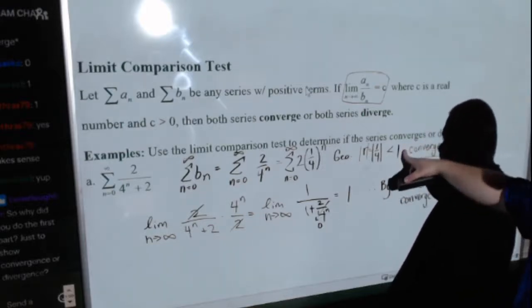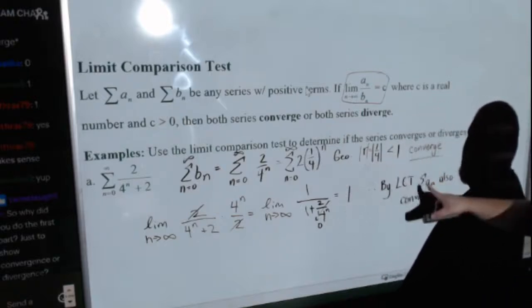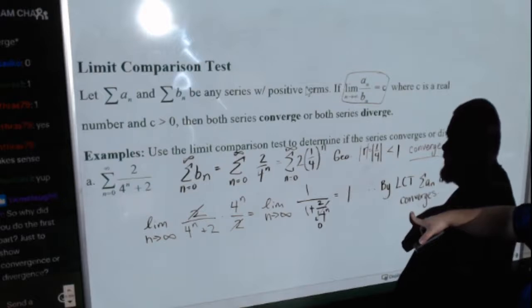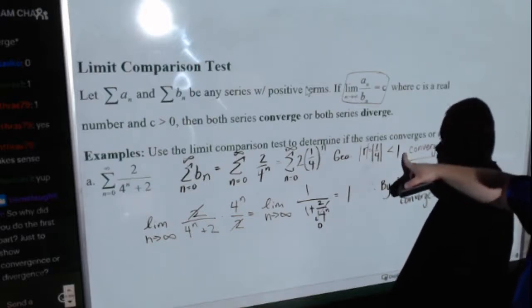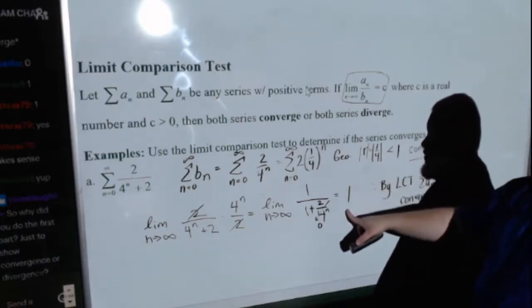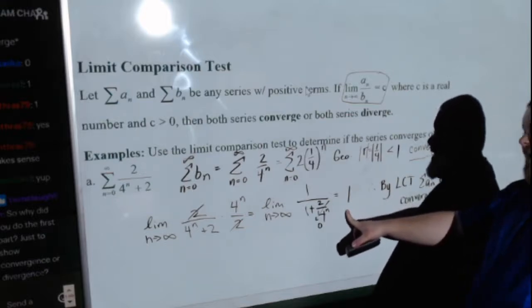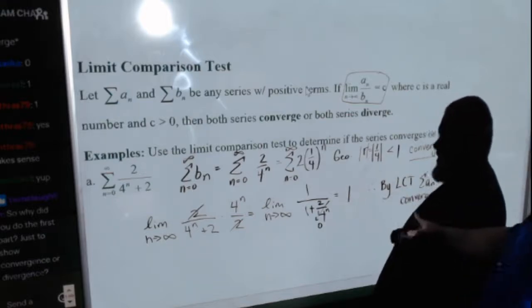If b sub n diverges, I get this, a sub n diverges. And then the other situations would be I get converge or diverge here, but I get a number that's complex or infinity, something like that, well then I can't tell anything about the other one.